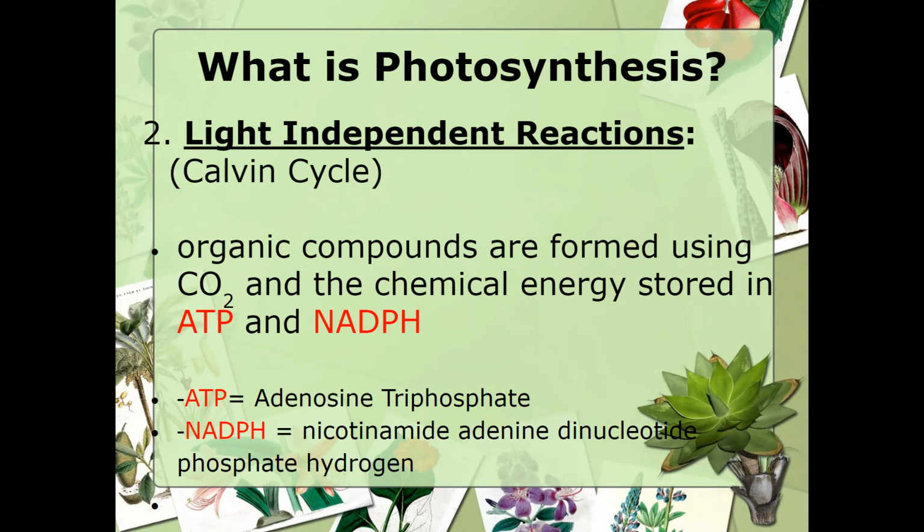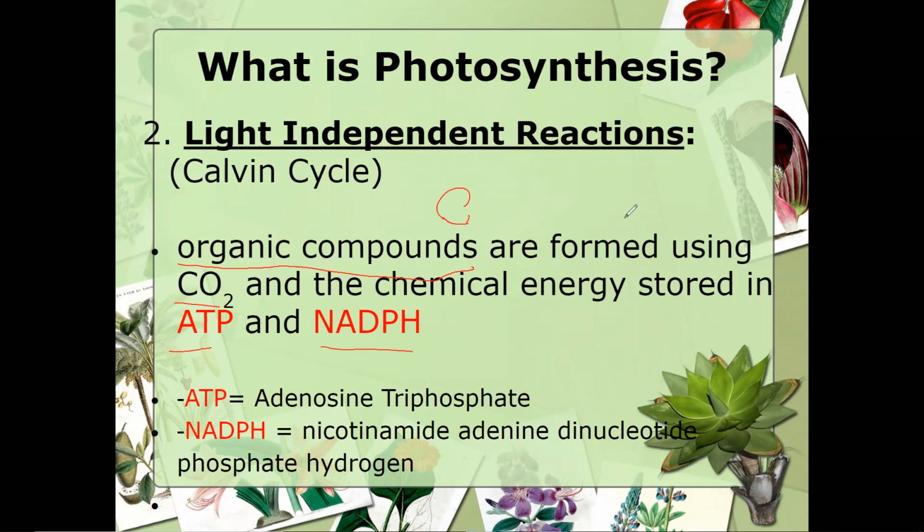And in the Calvin cycle, organic compounds, if you guys remember, organic compounds means something that contains carbon. Anything that contains carbon is going to be an organic compound or an organic molecule. So this cycle forms organic compounds, or compounds that have carbon, using carbon dioxide and that energy that was stored in our ATP and our NADPH.